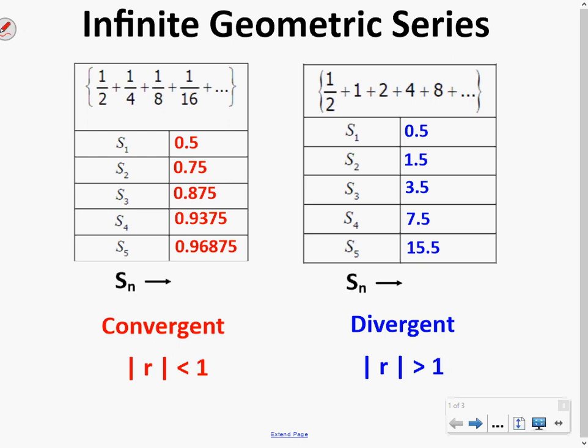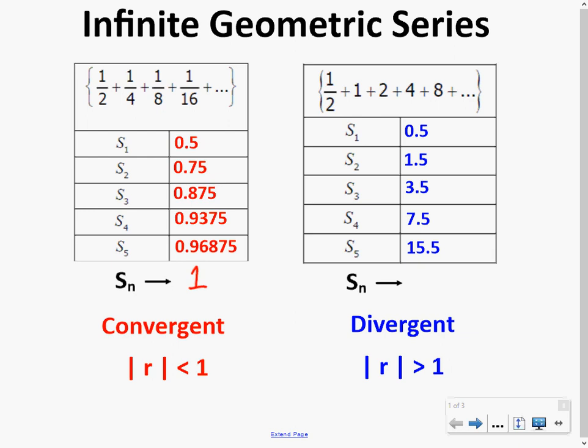Every single time I add another term, this series is going to get closer and closer to 1, which seems strange, right? We're adding an infinite number of things together, and it's not going to infinity, it's going to 1. And any time you have a constant ratio that is less than 1, like a half, a fourth, 3/8, something like that, you are going to have a convergent infinite geometric series.